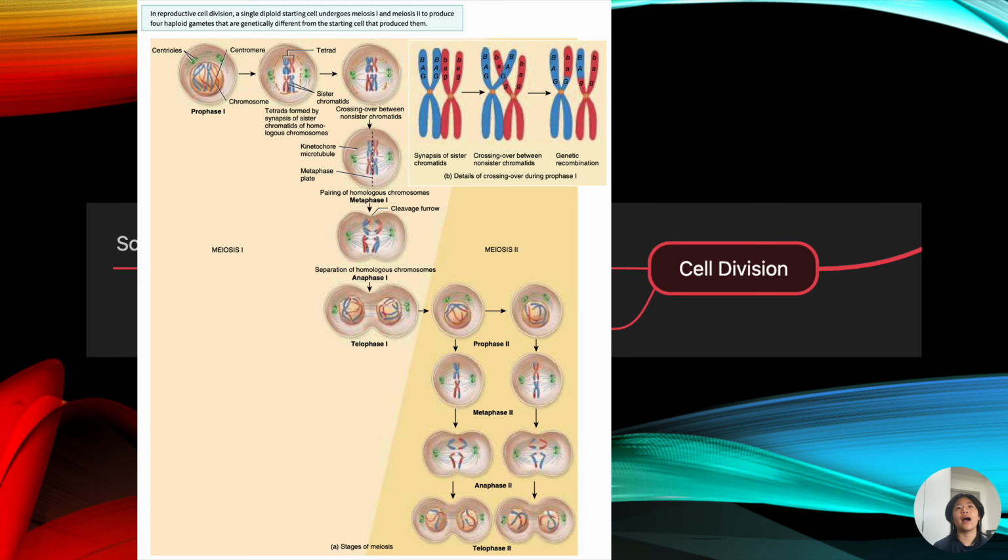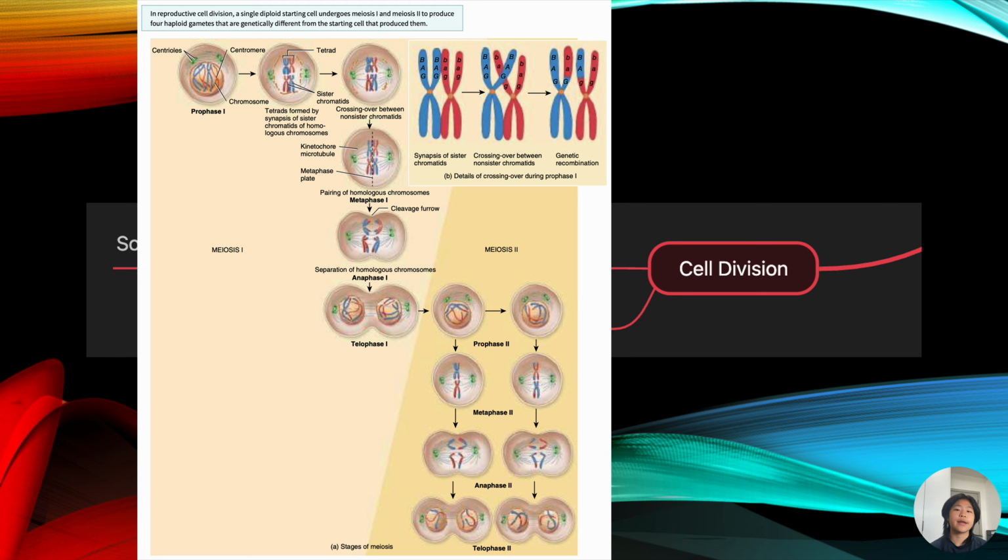First, we have our replicated, duplicated chromosomes. In meiosis specifically, we go through a process of crossing over, in which chromosomes overlap their legs and exchange parts.